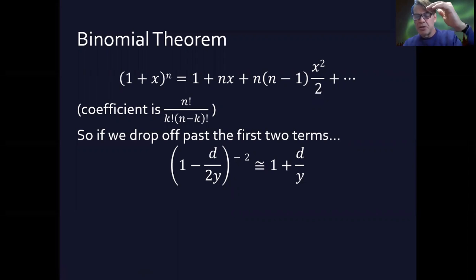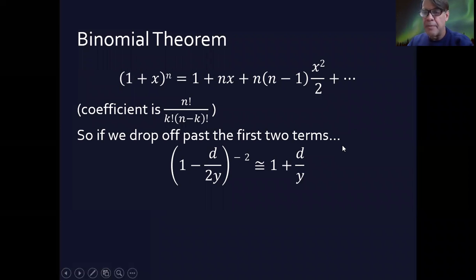So when we're talking about a situation where we're asking where's the electric field and it's considerably farther away, far away from the dipole, then basically the y becomes much bigger than the d, and this becomes 0. And so when we get to terms far away, they become more or less 0. And so they don't do a precise expansion. They just drop off past the first two terms here.